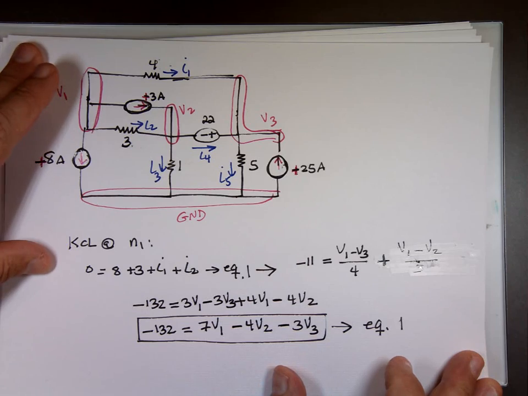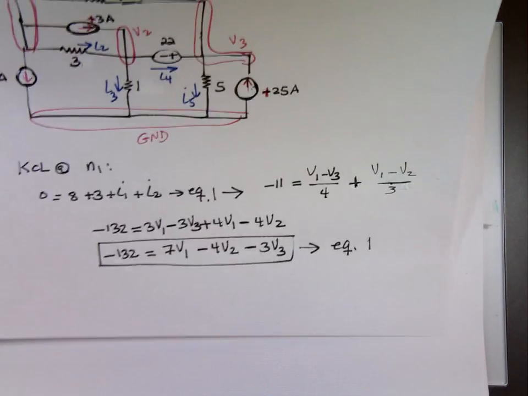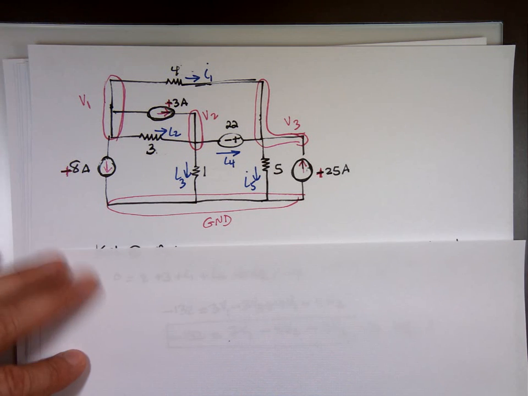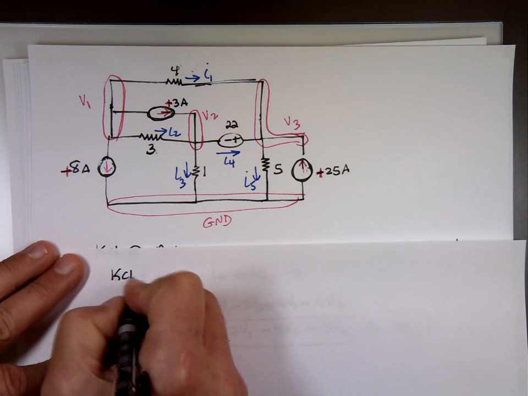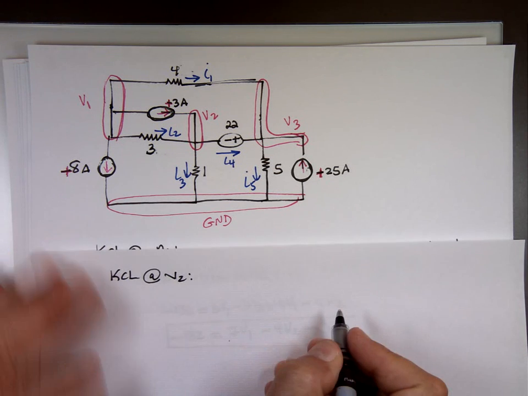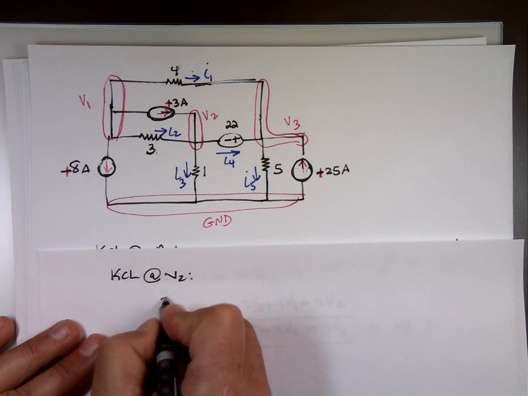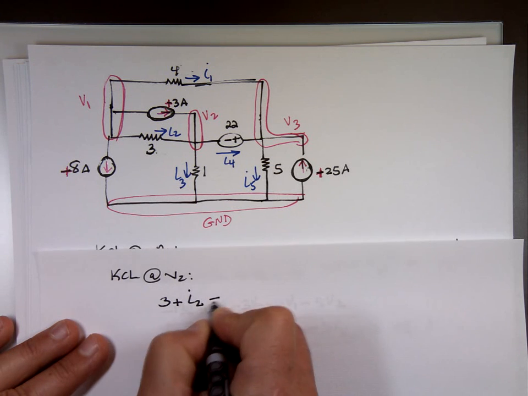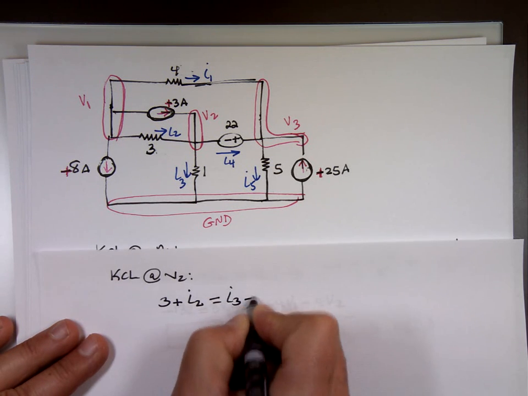KCL, next thing is KCL at node 2. At node 2, the current entering, 3, plus I sub 2 equals the current leaving, I sub 3 plus I sub 4.